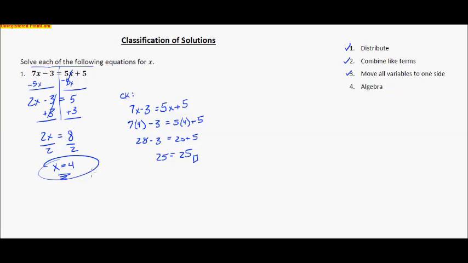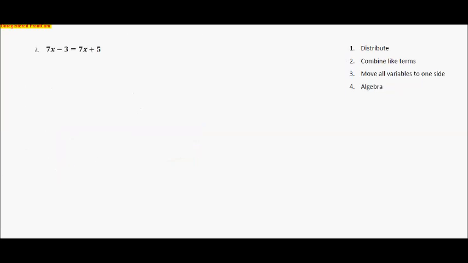Alright, we're not always going to get just one value for x. So this one we did. This is nothing really new. But the next one that we do, we'll get more than one answer, or maybe we won't get any answer for x. Alright, so let's take this one off, and let's put the next one up here, and let's see what happens for this one.